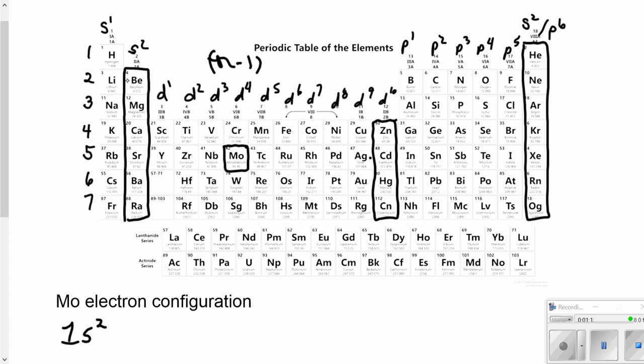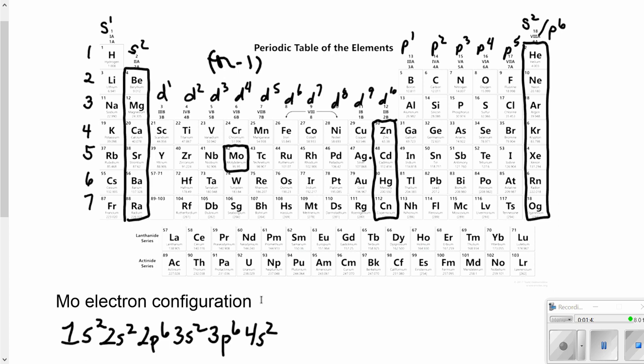So our next stop is beryllium, which is going to be 2s2. And then neon, 2p6. Magnesium, 3s2. Argon, 3p6. And then calcium is 4s2.